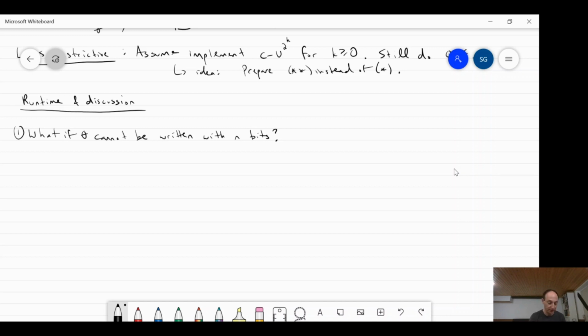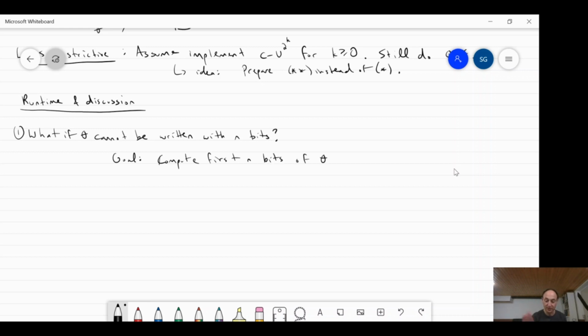Okay, so what's the point here? The goal is going to be to compute the first n, or when I say first, I really mean the n most significant bits, right? So the largest ones, the first n bits of theta.